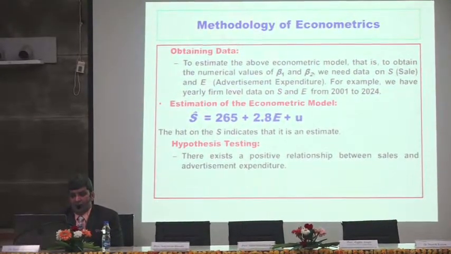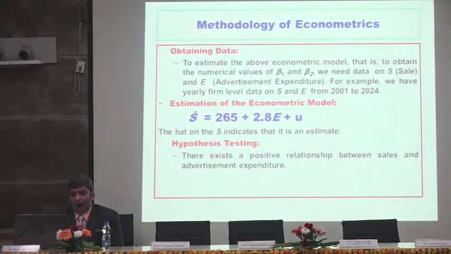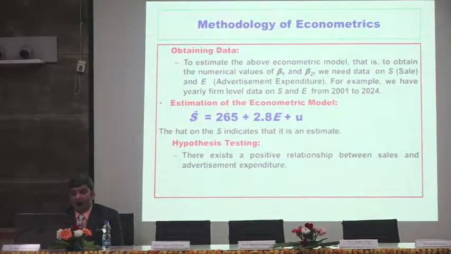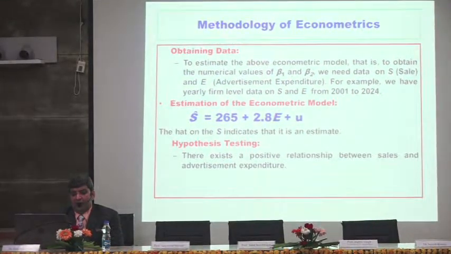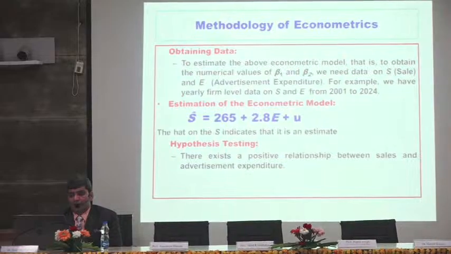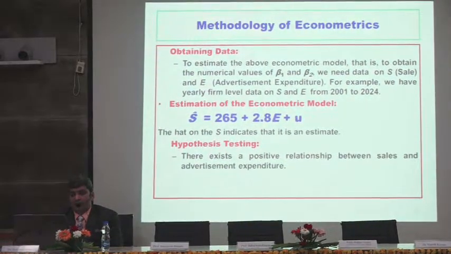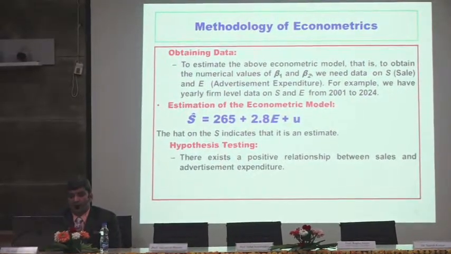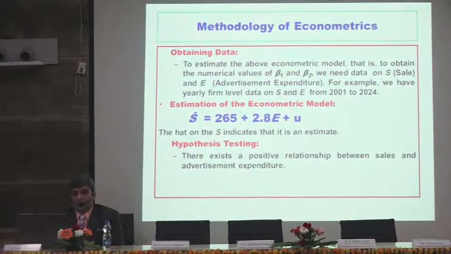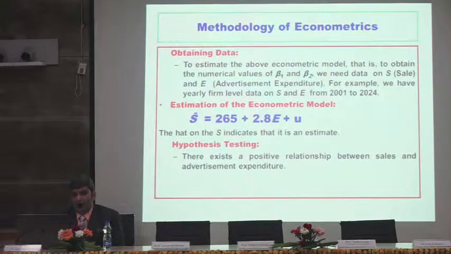After estimating the model, we have the values of beta 1 and beta 2. Now we can get the value of S for any value of E. If we have a value of E, then we can put it into the model and calculate the value of S. And the difference between our predicted value and the exact value is represented by U. By using this model, we would say if this is our advertisement expenditure level, then this would be the sale level.